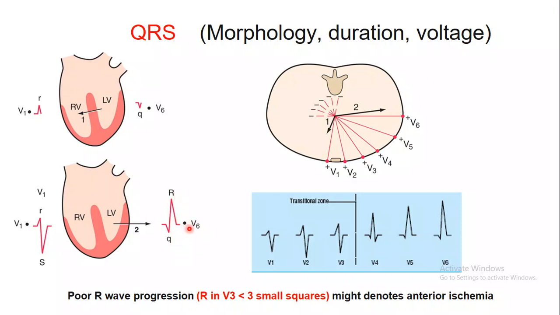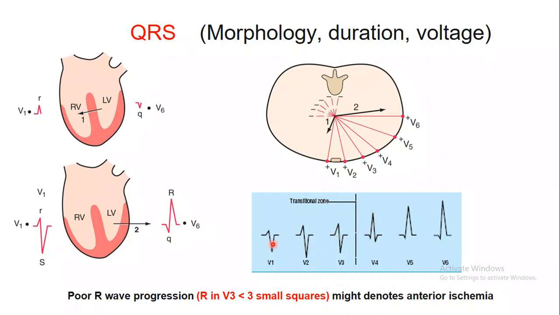a small S wave. So normally, from V1 to V6, we have a progression of the R wave increasing with time to become predominant after V3 or V4, which is called the transitional zone.